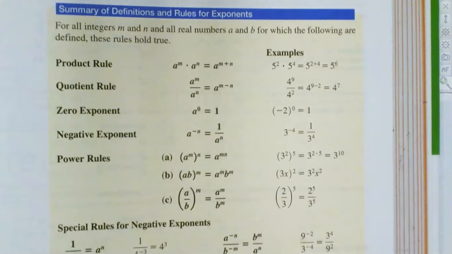Once we've got all the rules down, then we'll combine them together and learn how to simplify expressions. These are all expressions because there's no equal signs involved. So we're not going to be solving for a variable. We're just going to be combining and working with like terms.